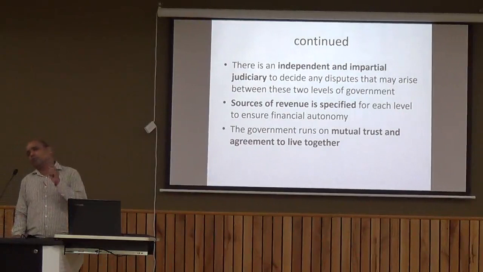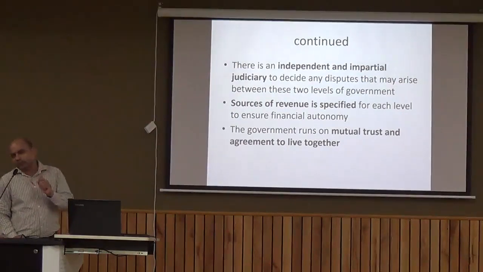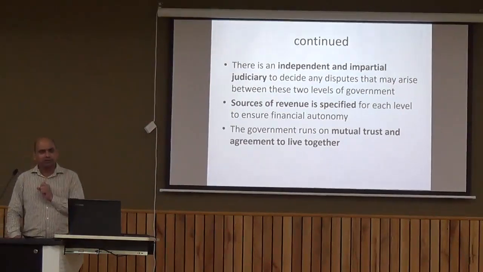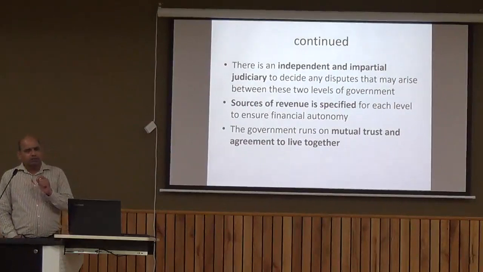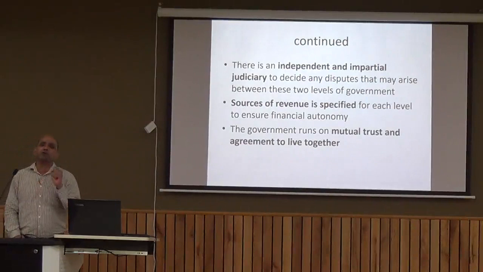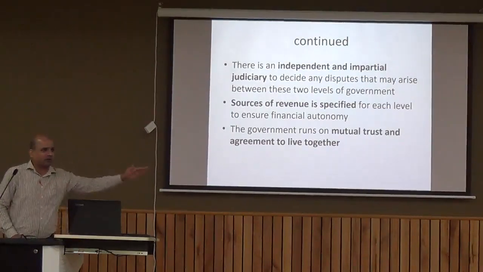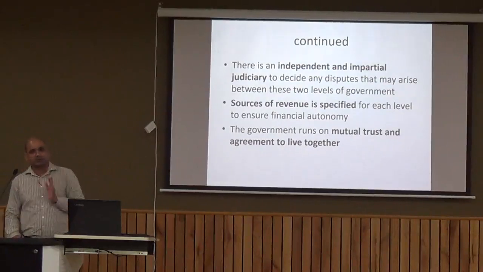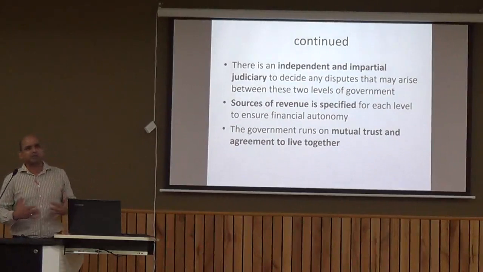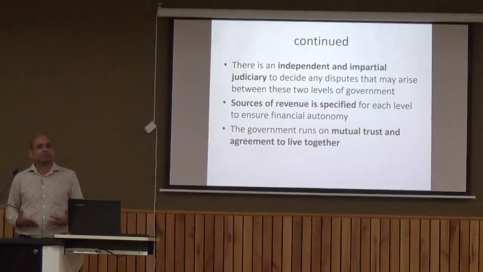Right? And one more thing. This might be the last one but not the least one. See, people living in a federal country must have mutual trust with each other. People living under different levels of government, or the governments themselves at different levels, must have mutual trust, and they must have shared values which they must respect, and they must have the agreement to live together.